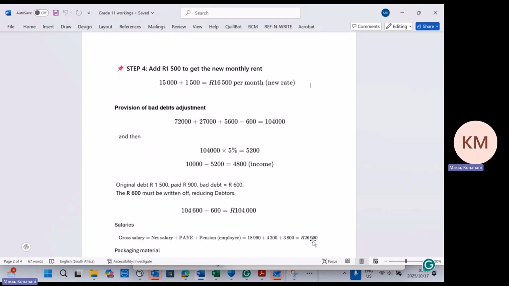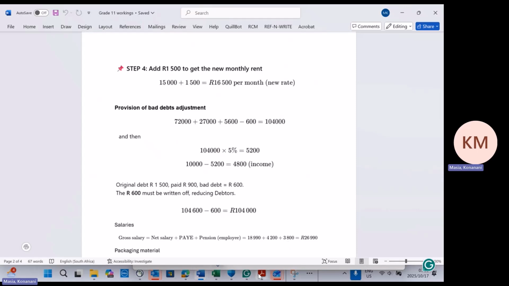Hence, I'm doing what I'm doing here. When I'm answering the question, it also means the employee contribution, because he took it from his salary that has already been provided. It means the total salary, excluding the employer contribution, was 18,990, which is your net salary, plus the 4,200, plus the 3,800, which is the pension that you as employee have paid. But I still have the employer contribution for pension, which is still also an expense. Then it means I'm going to show it separately. Okay.